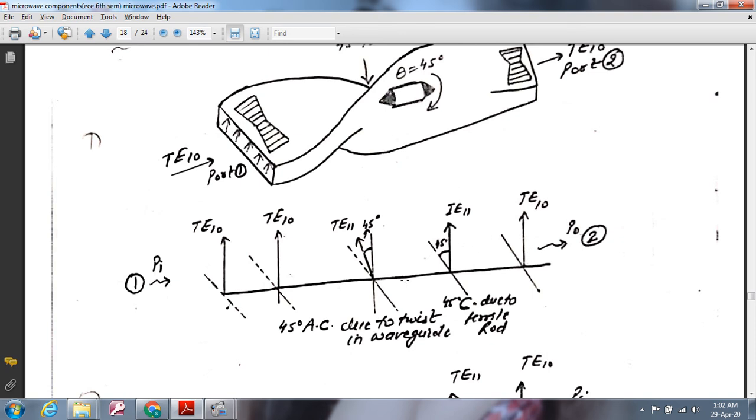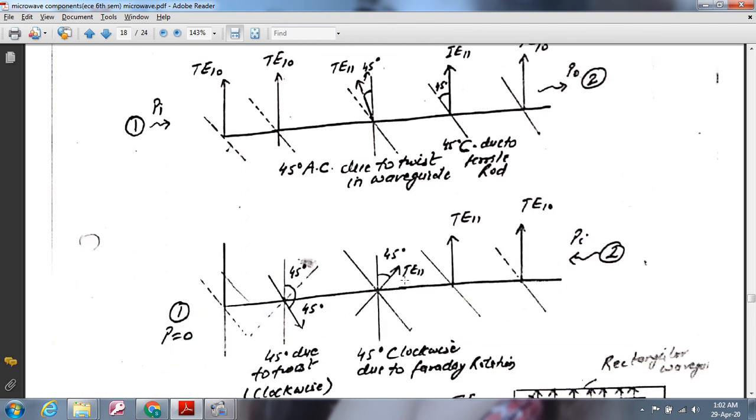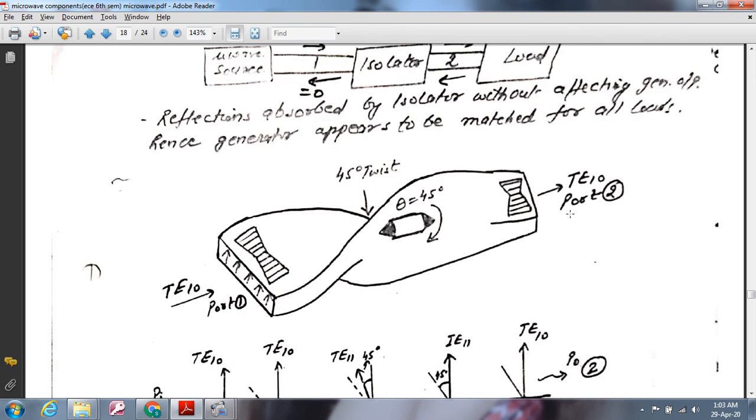Now if we see the backward journey, or we can say if we put input at port number 2 and want to know what will be the output at port number 1, means we start incidenting our wave from this side and want to know what will be the output here.